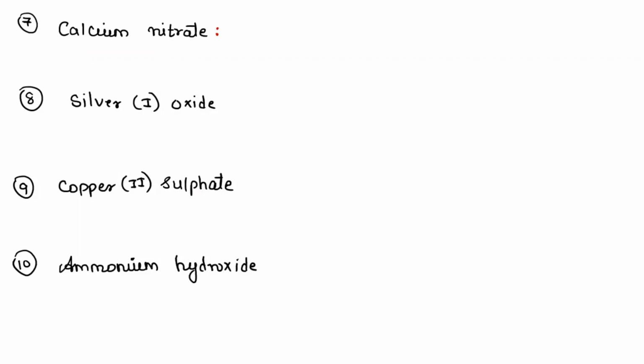Okay, so yes, Amima, good. The calcium Ca is 2+, nitrate is NO3 -1. It is Ca(NO3) the whole twice. Okay. Silver 1 oxide. Silver is Ag, whose valency is +1.